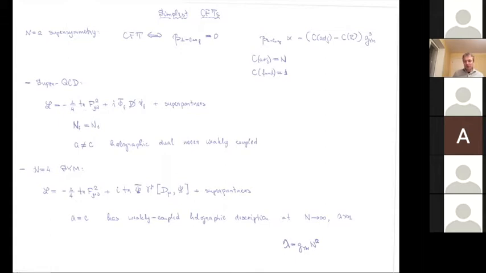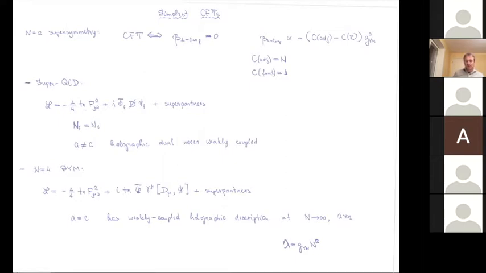So we'll be considering the 't Hooft or the Veneziano limit of super Yang-Mills or super QCD. Whereas the condition that the coupling is strong is less easy to realize in field theory, because this means that we need to go into the non-perturbative regime where the coupling is large.